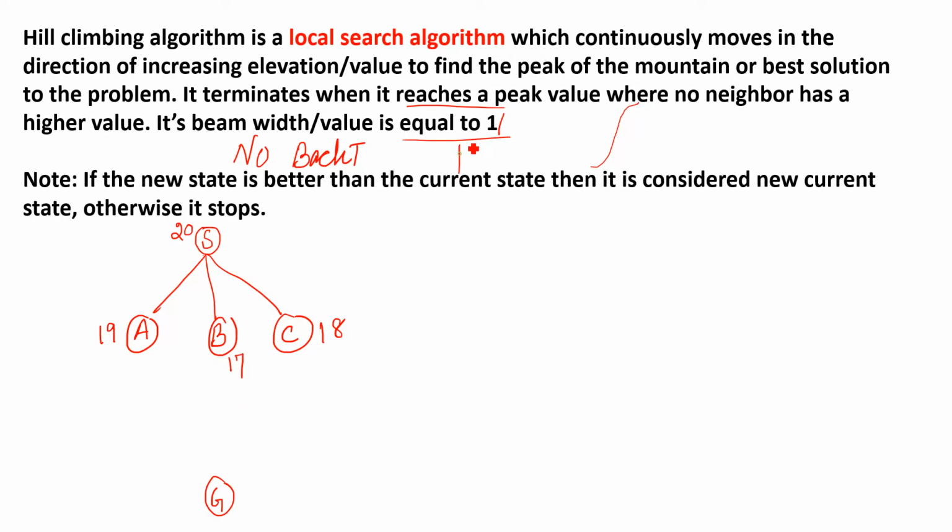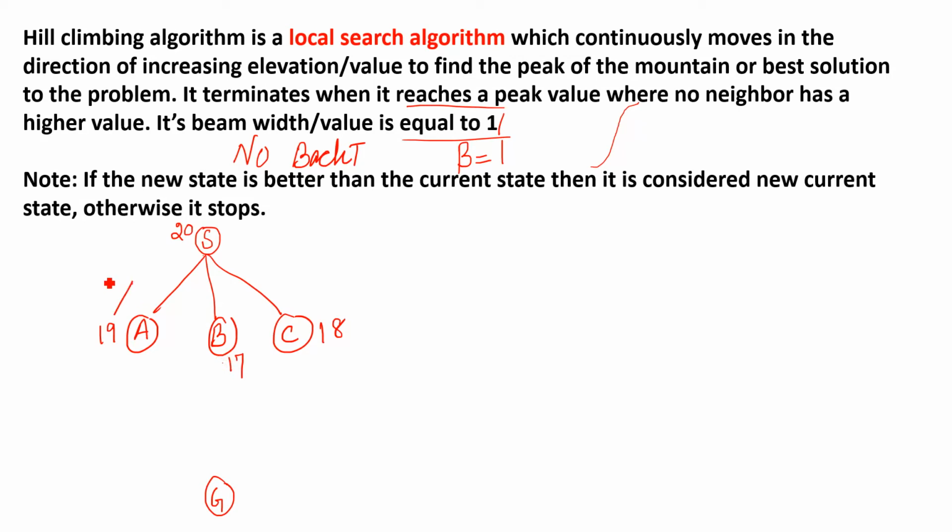As we know that our beam width is 1, it means we have to explore the node which has the lowest heuristic value. So we have 19, 17, and 18. This is the lowest, so we will explore B.